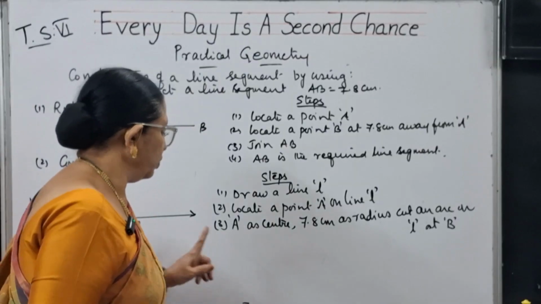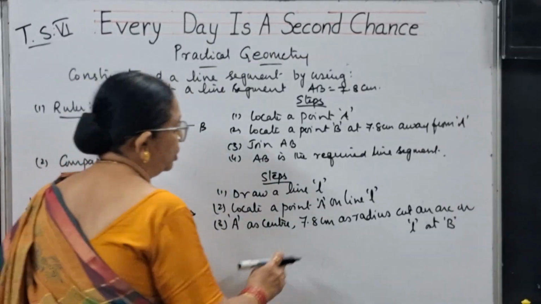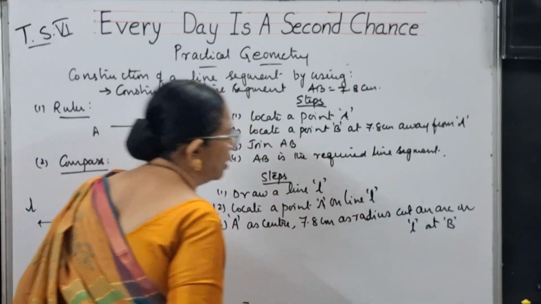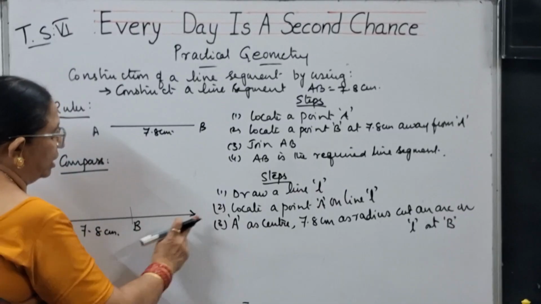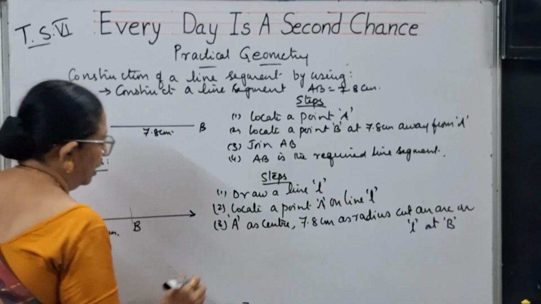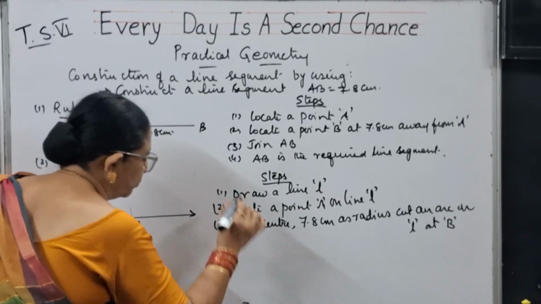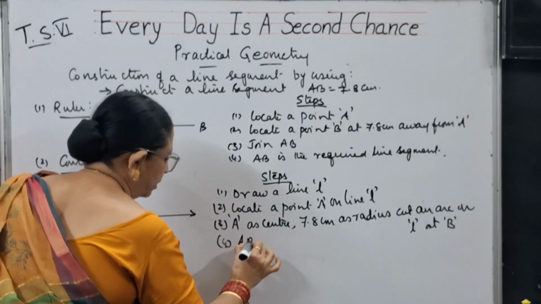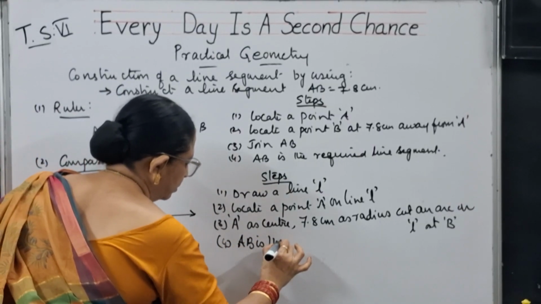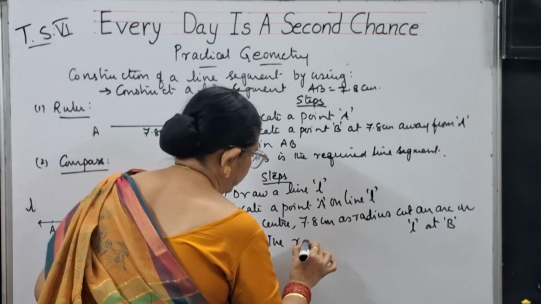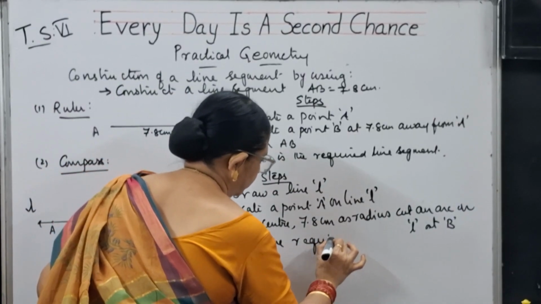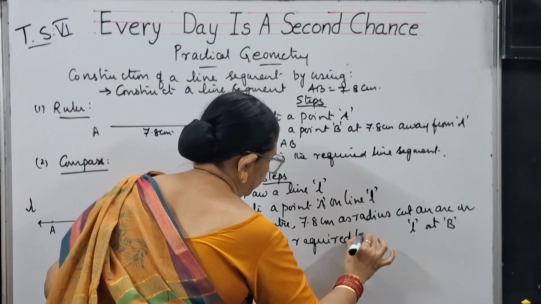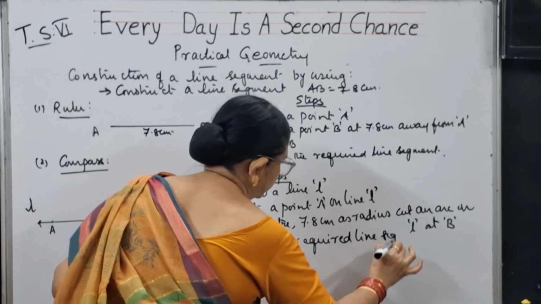Okay, now you see, children, A as center, 7.8 centimeters as radius, cut an arc on line L at B. And the fourth point is what? See, already you have got AB. We'll directly write AB is the required line segment.